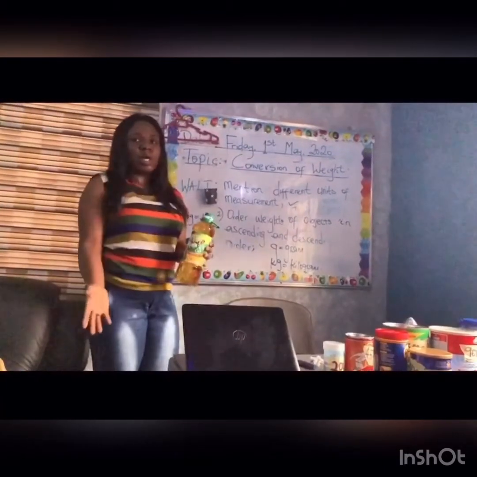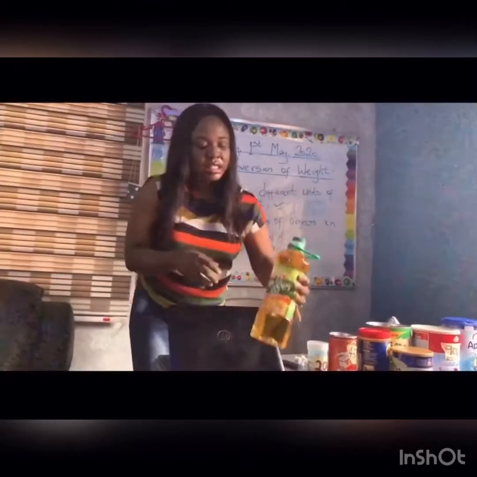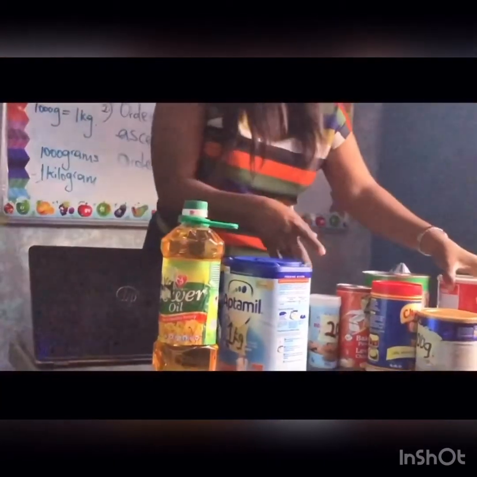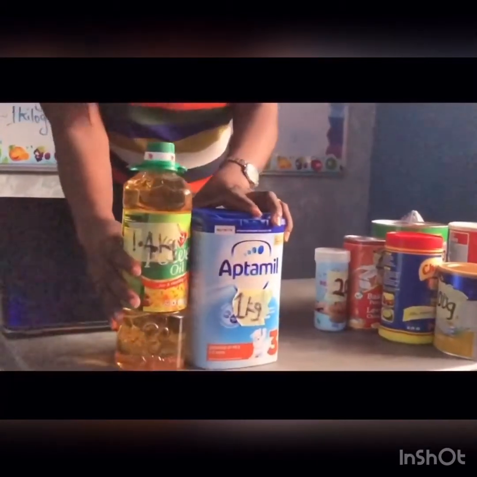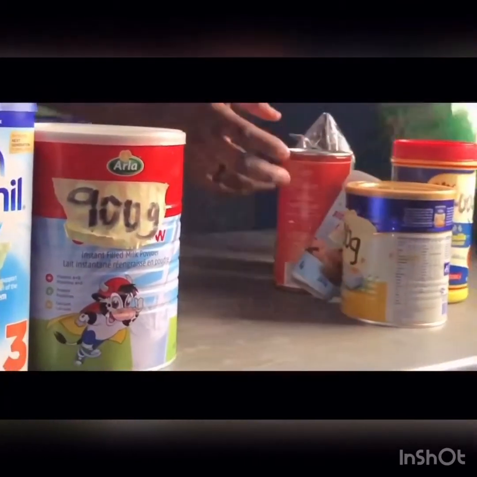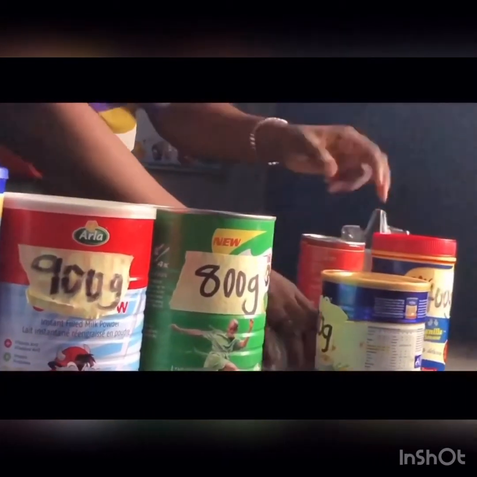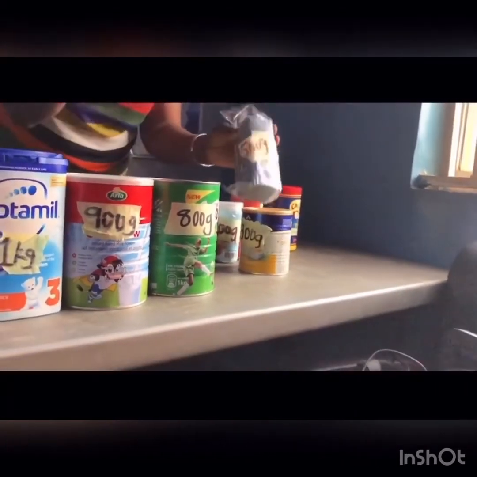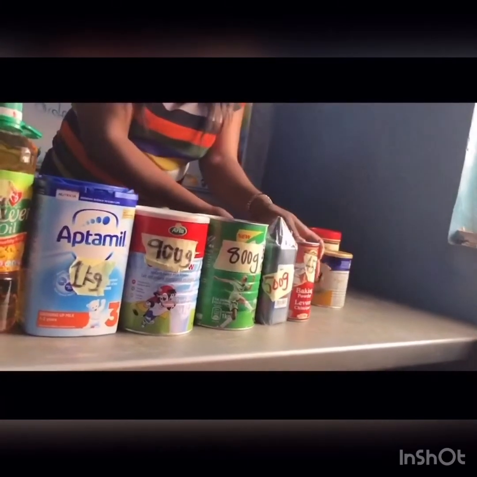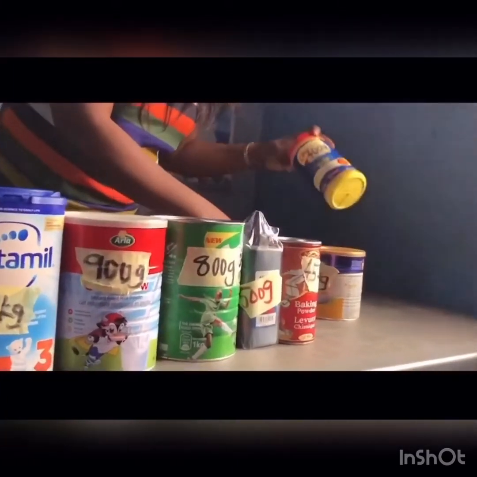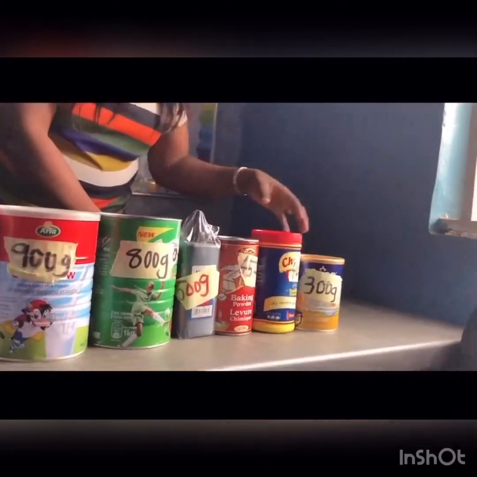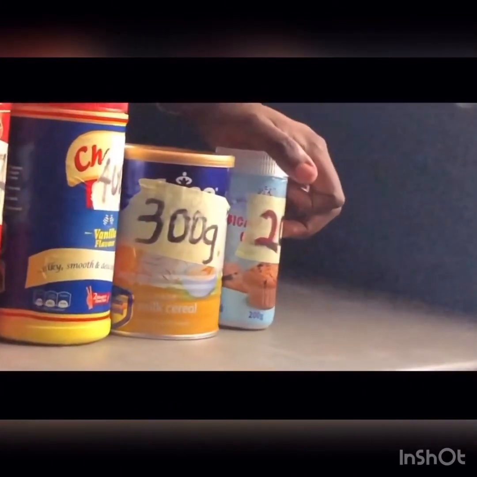So the heaviest is 1.4 kg, followed by 1 kg, where kg means kilogram, followed by 900 grams, followed by 800 grams, followed by 500 grams, followed by 454 grams, followed by 400 grams, followed by 300 grams, and finally 200 grams.